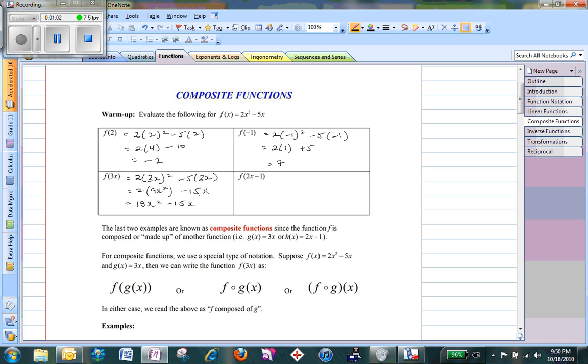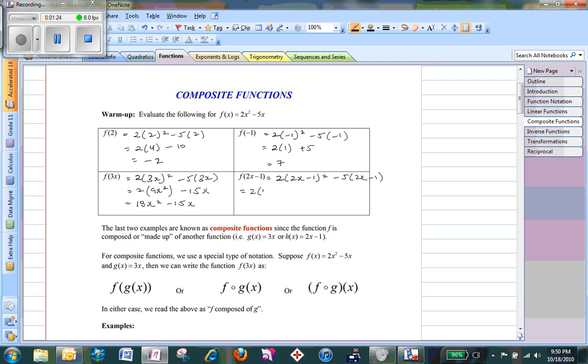That's fantastic. What if I make it a little bit more challenging and I say f at 2x minus 1? Well, that's just 2 times (2x minus 1) squared minus 5 times (2x minus 1). You need to expand the bracket, so if you need to, please write out the middle step, but don't forget the middle term when you FOIL out.